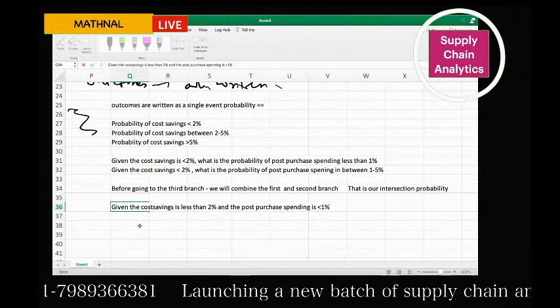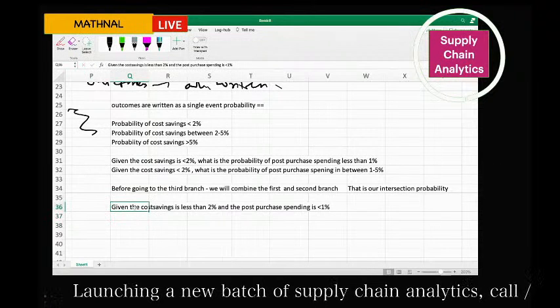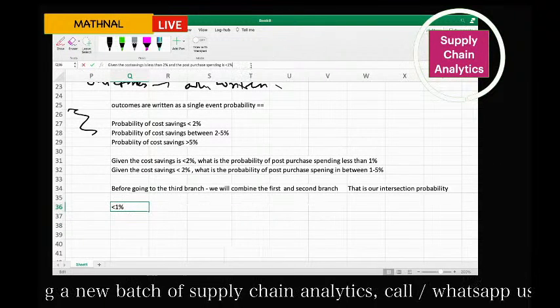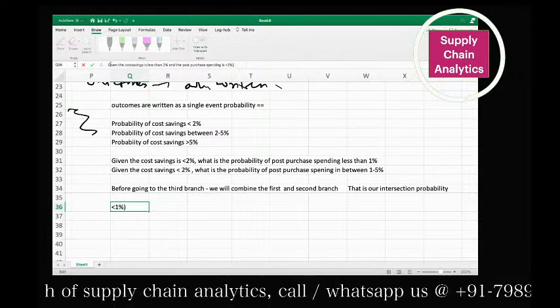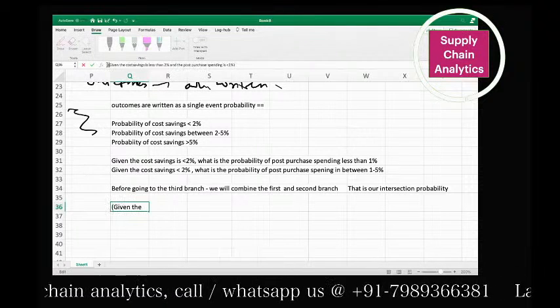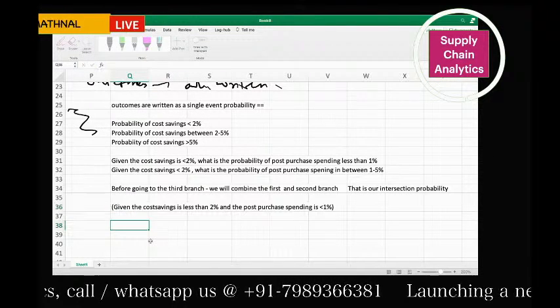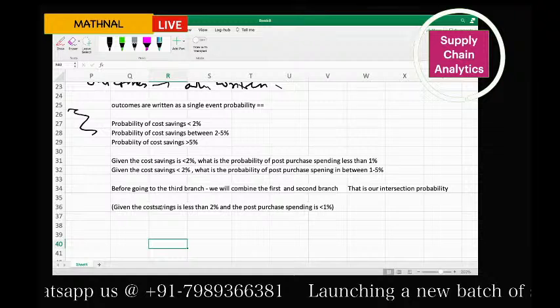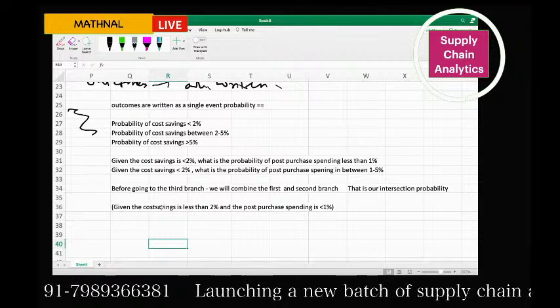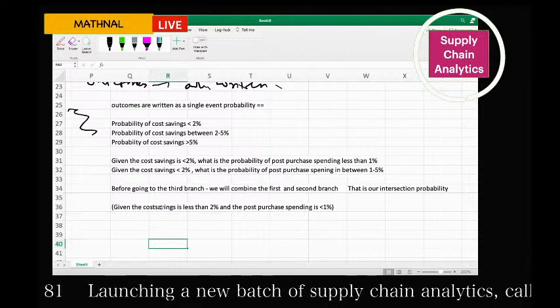So this is the conditional intersection probability, but this is the condition for the third branch. The first and second branch, they'll combine together. They'll form the condition for the third branch.